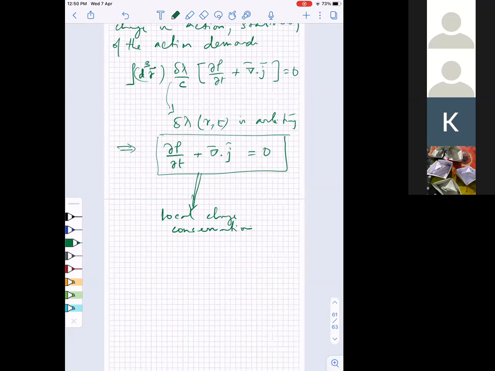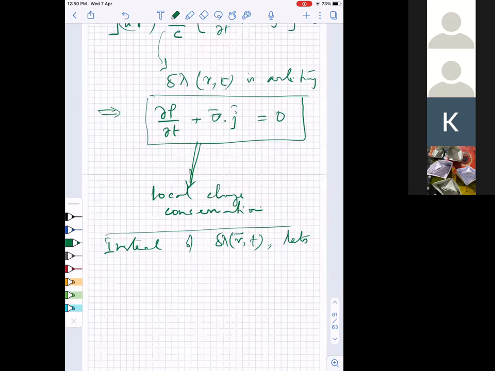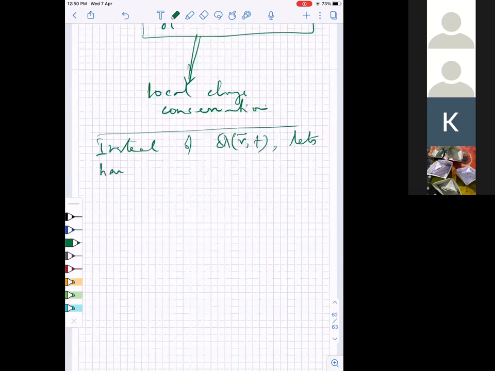This will come if, instead of delta lambda being a function of R and T, my delta lambda is equal to some constant value.